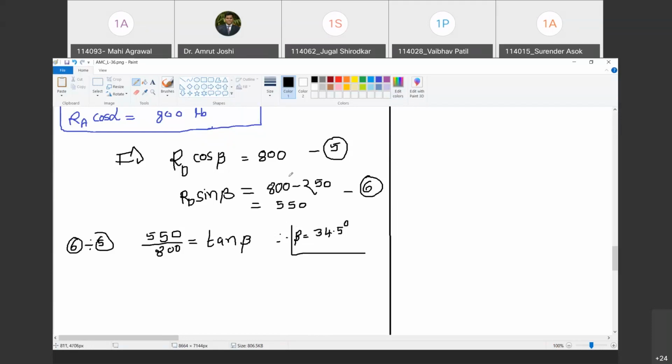Substitute this beta in any one of these equations, either equation number 6 or equation number 5, and tell me the value of RE. Sir, 970.72. 970.72. And what is the unit?